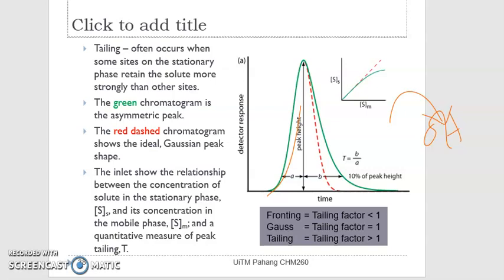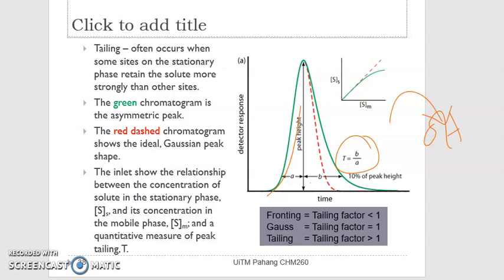Fronting happens when the tailing factor is less than 1. Gaussian tailing factor equals 1. Maksudnya sama. Nanti measure of peak tailing, so kita boleh measure lah peak tailing ni. T equals B over A. So A is the half width dekat sebelah depan, B dekat sebelah belakang.